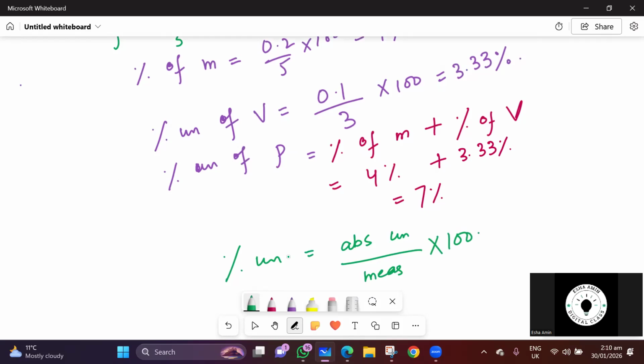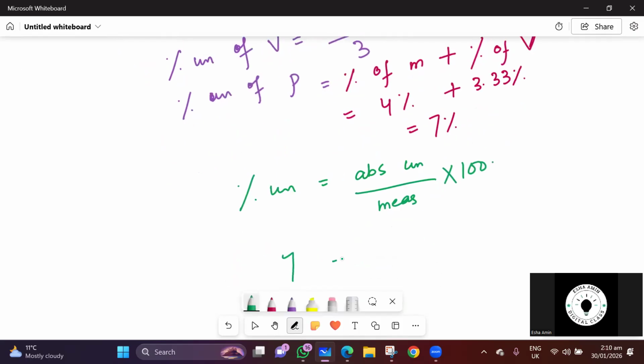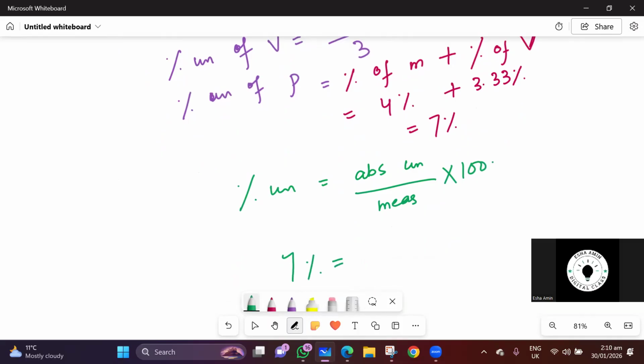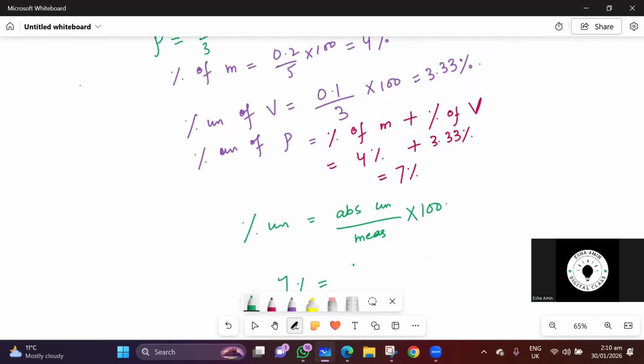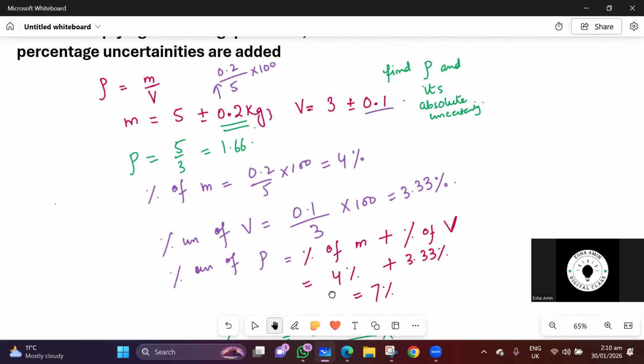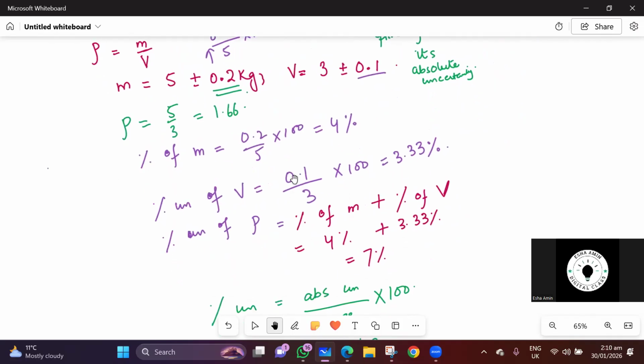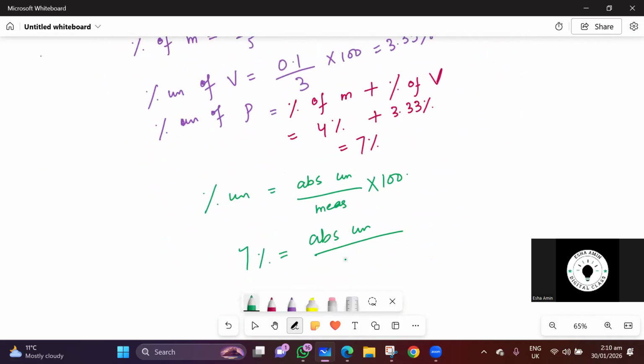The percentage uncertainty of density is 7%, we have to find the absolute one, and the measurement of the density we found is 1.66. So when we calculate it, we will get the absolute uncertainty. Now let's do some past paper questions.